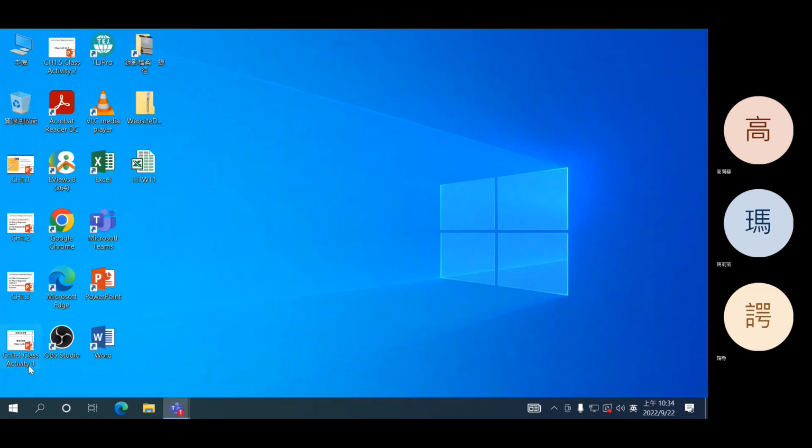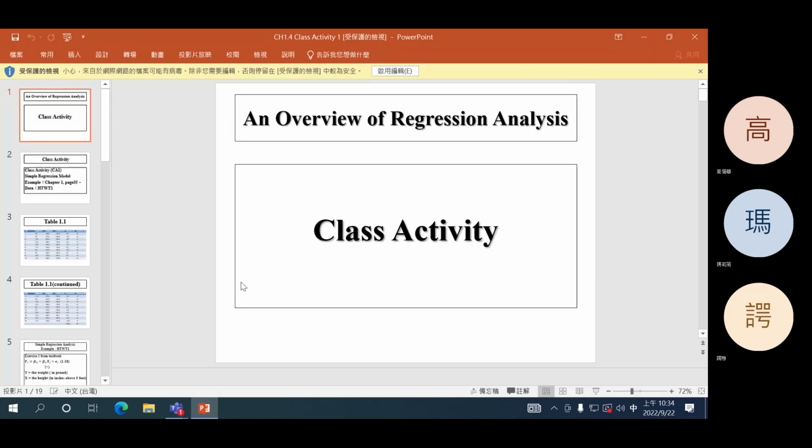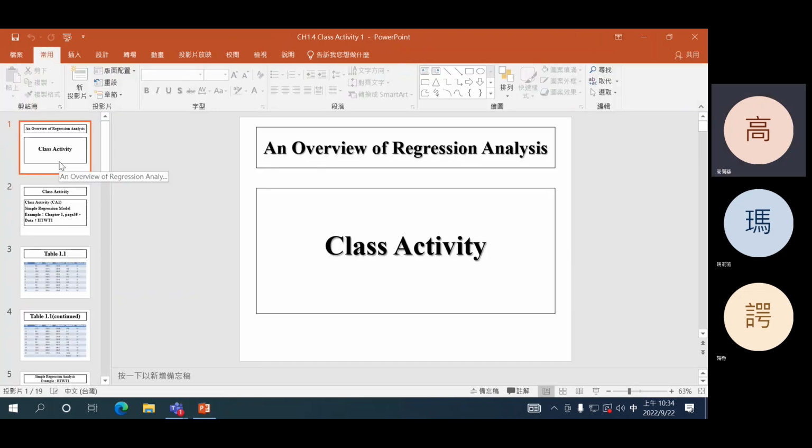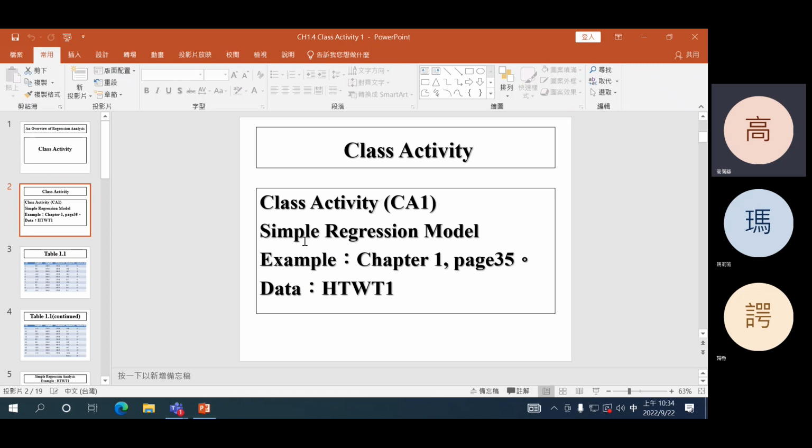Okay, so this is the example. We call it the simple regression model, and it's on page 35.